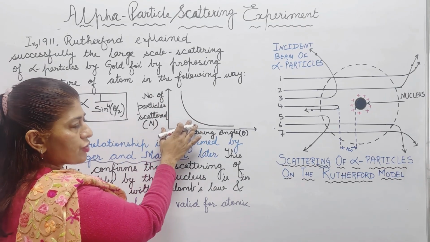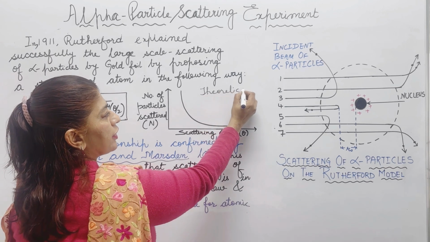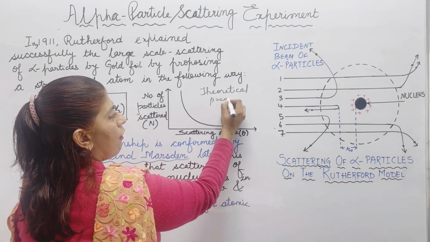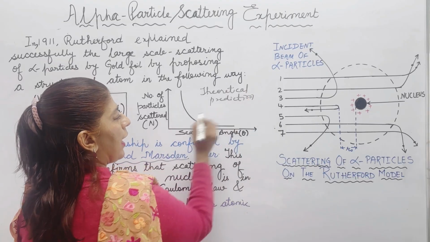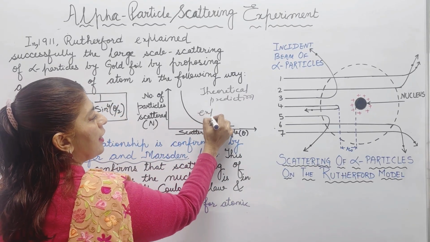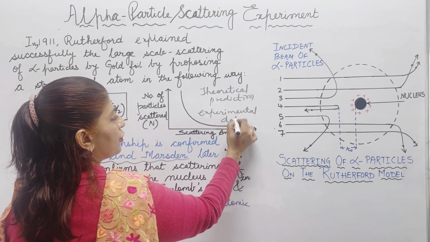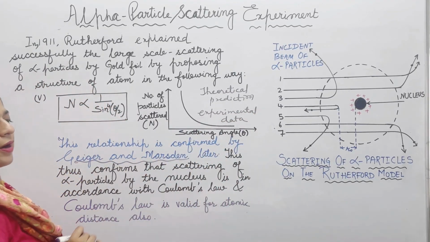The nature of the graph is the same as the theoretical prediction of Coulomb's law, and this graph goes well in accordance with the experimental data produced by Geiger and Marsden.